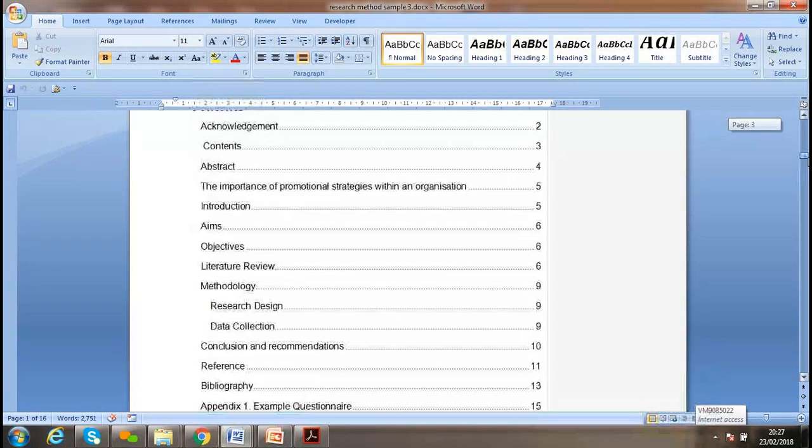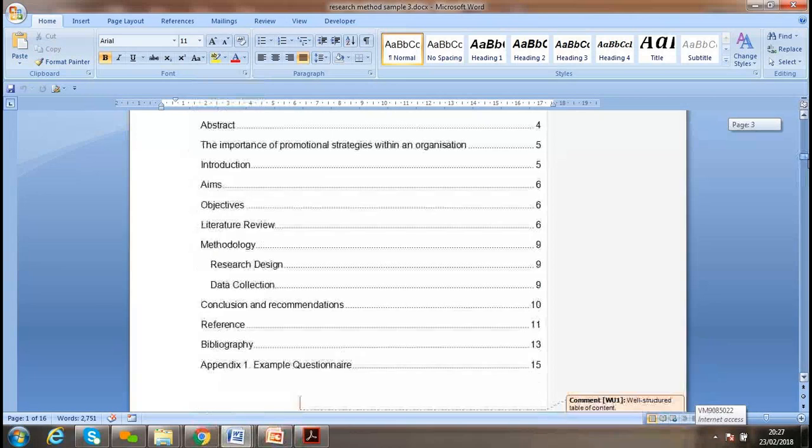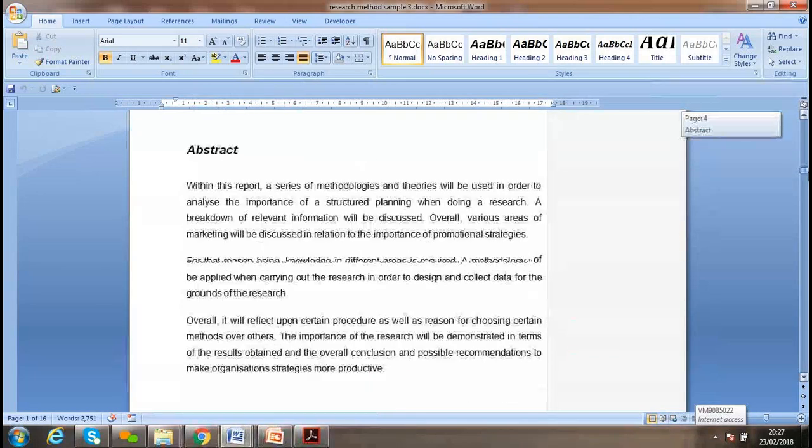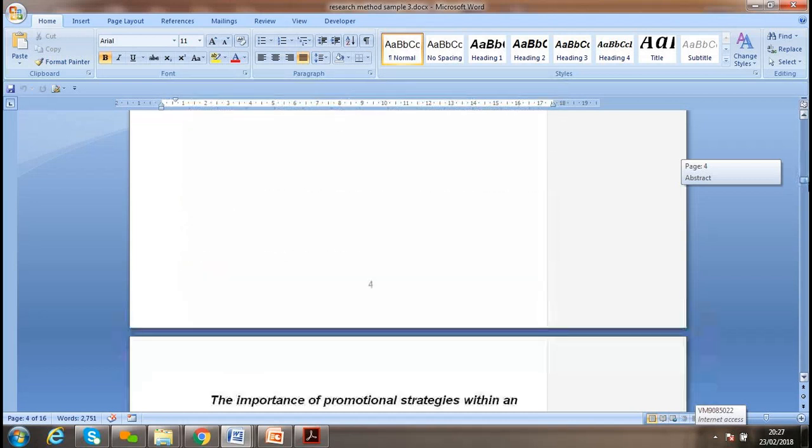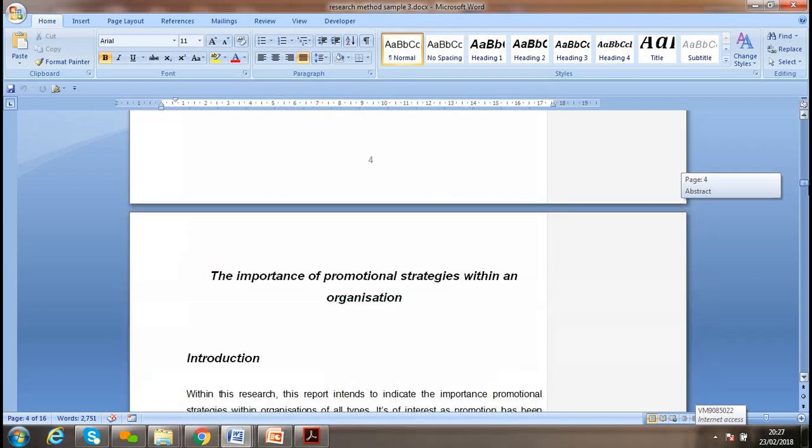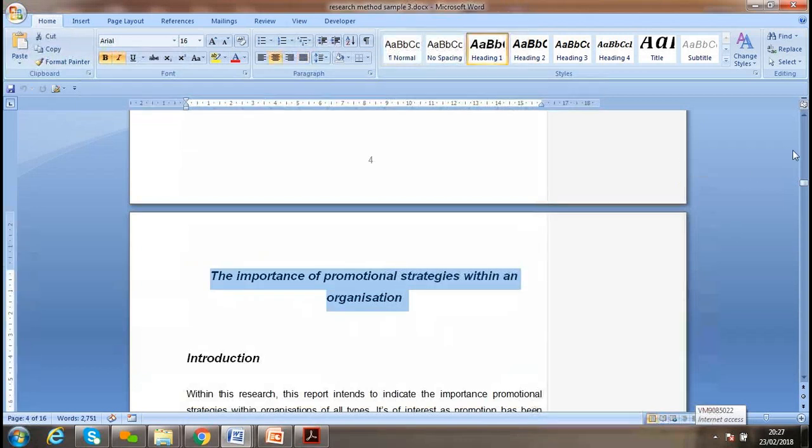Yes, Umar, you will see here, this is again a proposal. It's not a full research proposal; you can say, the other way around, it is an abstract of the total research. The topic is promotional strategies within an organization.